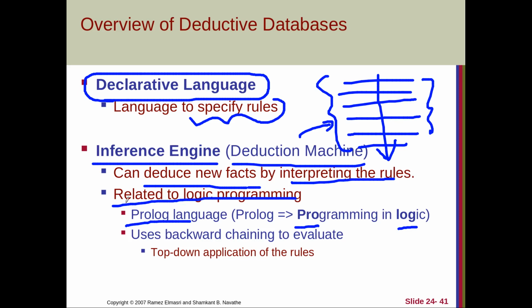It uses backward chaining to evaluate, that is, a top-down application of the rules. That means if it gets a rule, it does backward chaining, comparing with all the statements that are already available within the set of rules stored in the deductive database system.